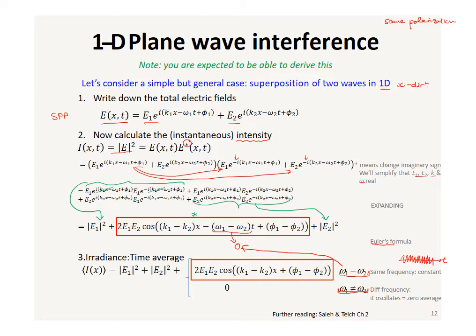We won't see it. And what we see, of course, is the time average. And if you take the time average of a cosine, then the time average is equal to 0. So if our frequencies are not the same, we don't see any particular interesting pattern. But if the frequencies are the same, then we see something interesting.